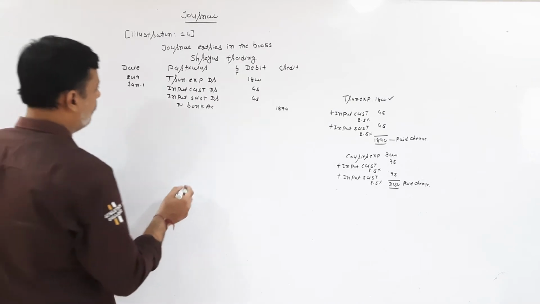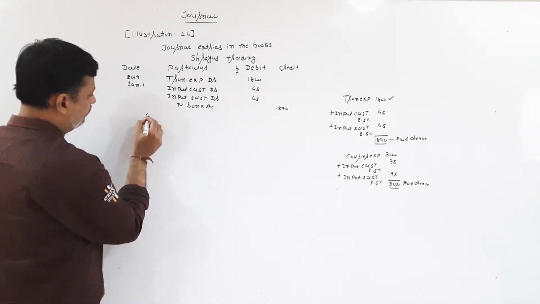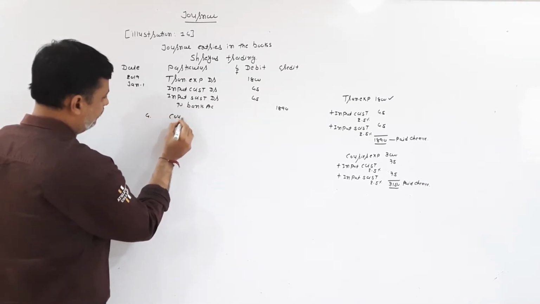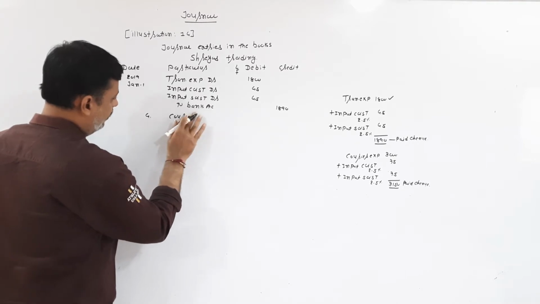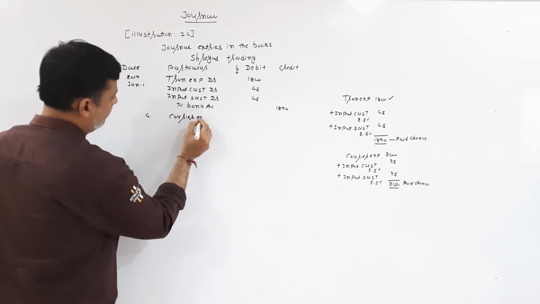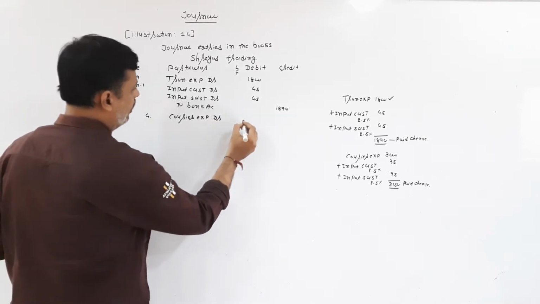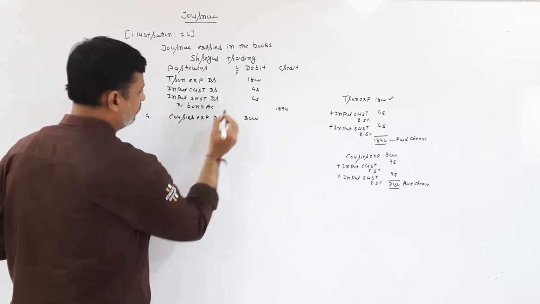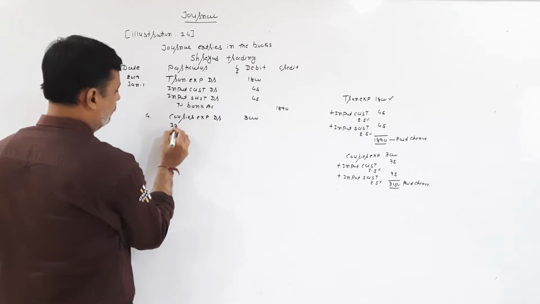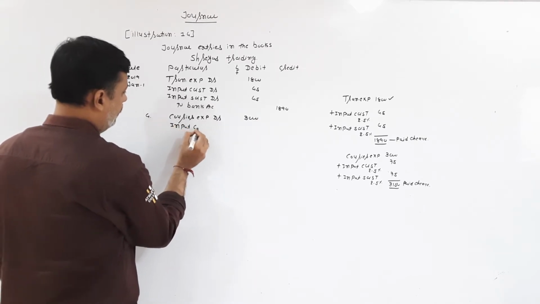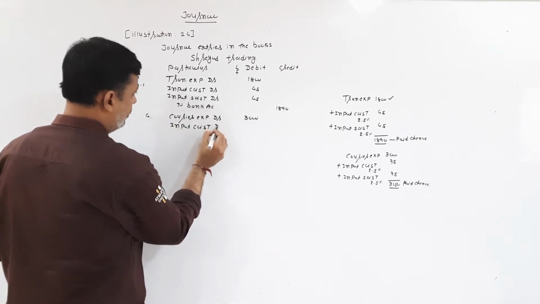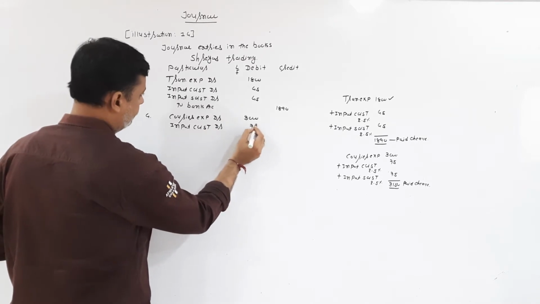Now fourth, courier expense account debit 3,000. Input CGST account debit 75.